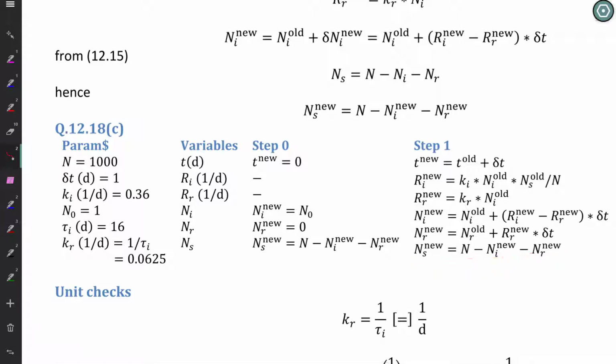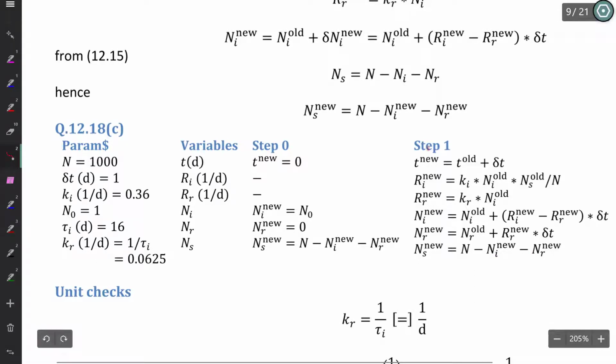Alright, so in step 1, we increment time, so the new time is the old time plus the time step. The new rate of infection is Ki times the number infected in the previous step times the number susceptible divided by the total number. The rate of recovery is just the recovery rate constant times the number infectious.